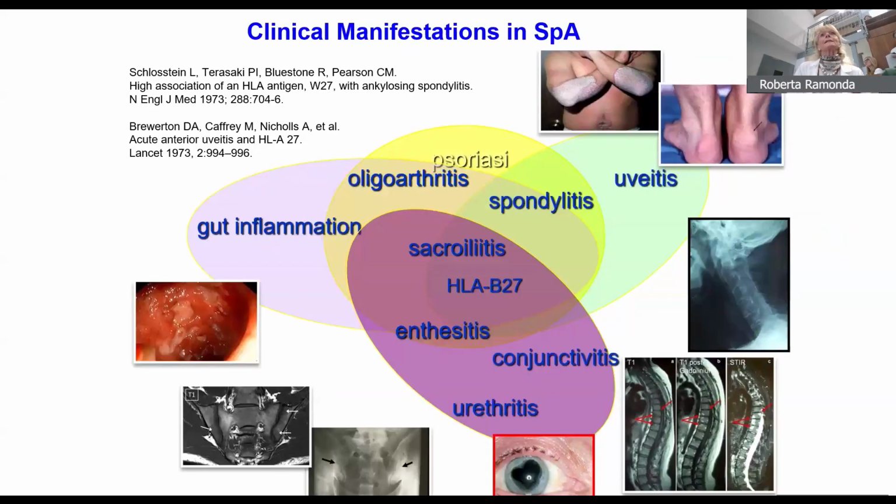In this slide, you can see the typical clinical manifestations in patients affected by spondyloarthritis, and there is a common genetic predisposition in this disease, characterized by the positivity of HLA-B27.